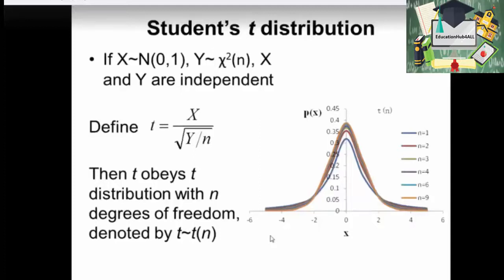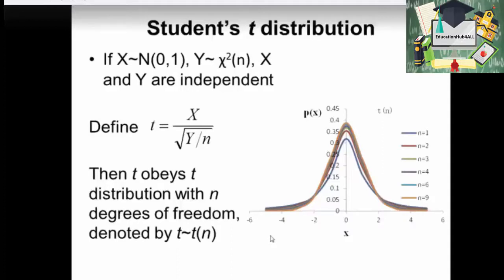The numerator is a normal distribution, and the y here is a chi-square distribution, divided by its degrees of freedom and then square-rooted. This defines a T distribution. We use the T distribution to test the population mean, whether the population mean is equal to a given value once we have the sample.